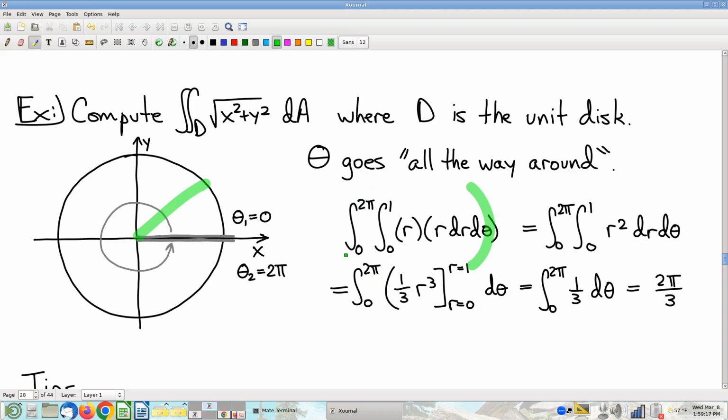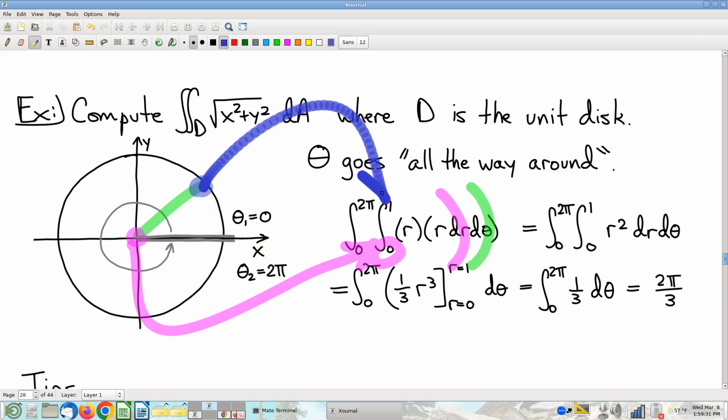Now we move on and ask what's the range of values of r. Well, okay, our r slices start there, where clearly r is equal to 0. And our r slices end there, where r is clearly equal to 1. Again, this is a unit disk. What do you think? Everybody all right with that?